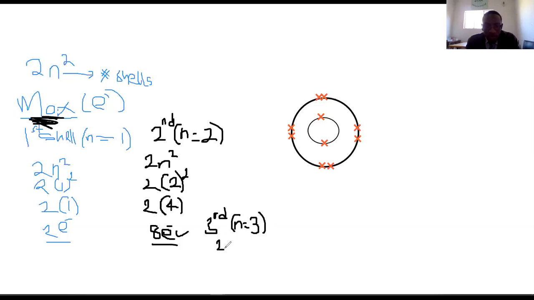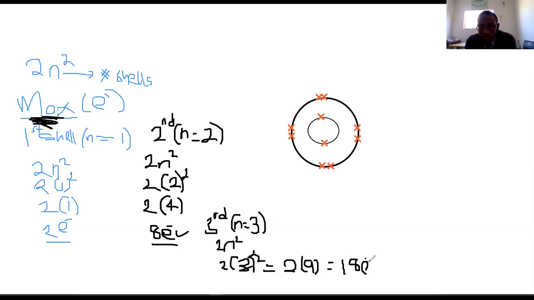Therefore, 2n squared comes 2, then 3 squared. So this will be 2, 3 squared is 9, then this will give us 18 electrons.